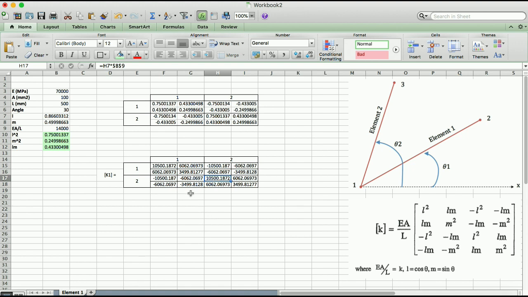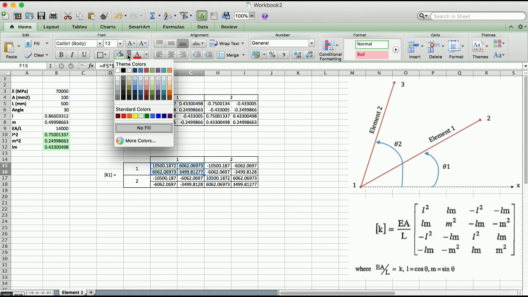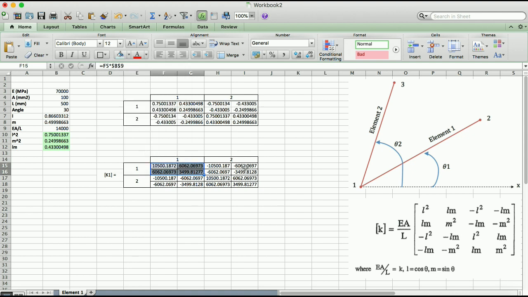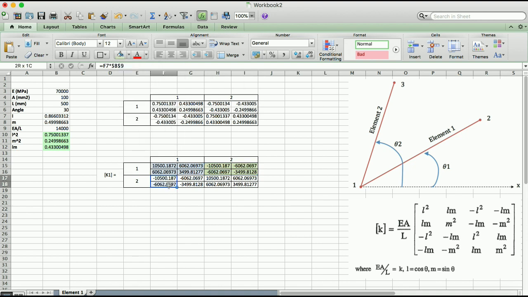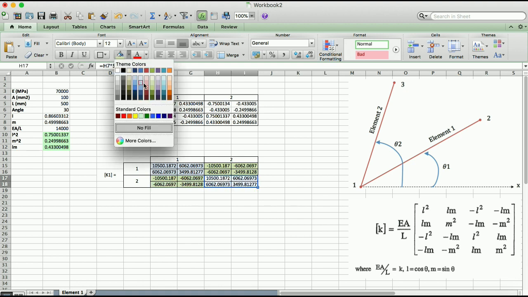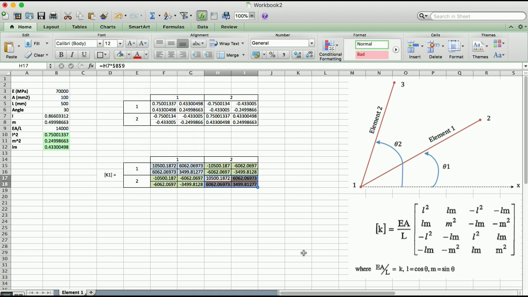Now, again, you could do a lot of tidying up. For example, I'd like always to highlight these areas with different colors, such as light blue, and then I could give, for example, light green here, and the same color on this one.